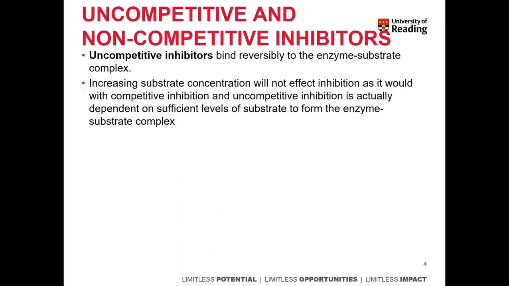Now, the uncompetitive inhibitor will only be able to bind and inhibit the enzymatic reaction when the substrate has already entered into the enzyme and makes this new binding site for the inhibitor to enter into. So it's very important that we have enough enzymes with substrate in their active sites to make this binding site available for the inhibitor.